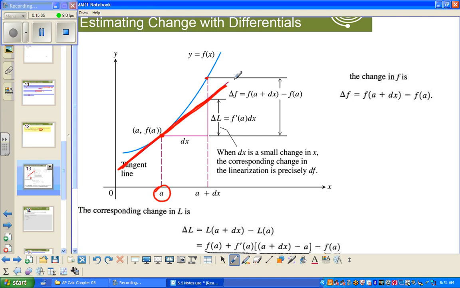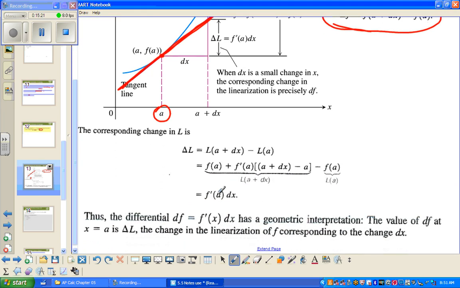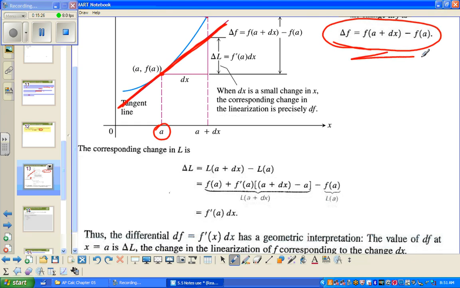So here's the equation of our tangent line, and we're going to take the derivative and take a look at that change here, but we're going to do it by using the change in L. So down here I've written up how that change that we're looking for up here corresponds to the change in L. This change in L, this is our equation of our tangent line. This is how we got it, and that simplifies down to just taking the derivative, multiplying by that change in the a value.